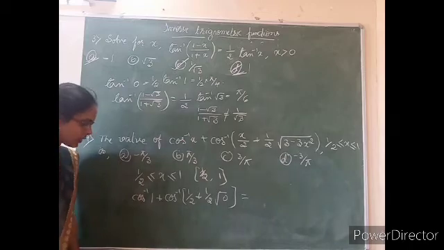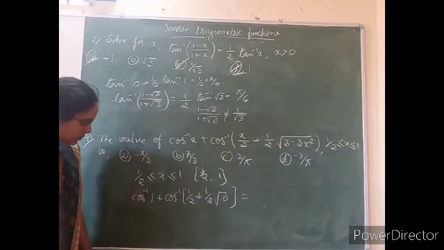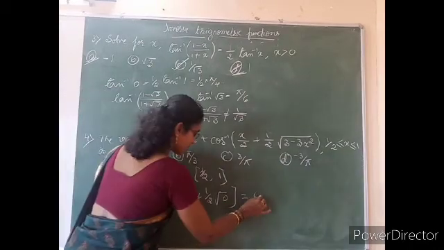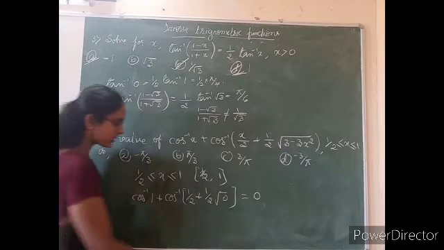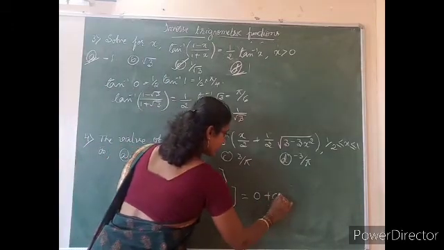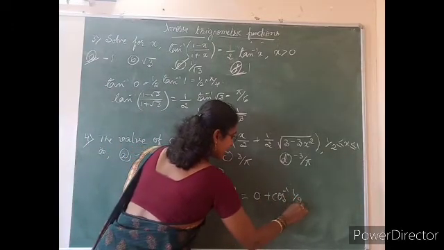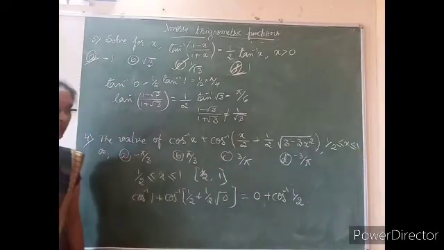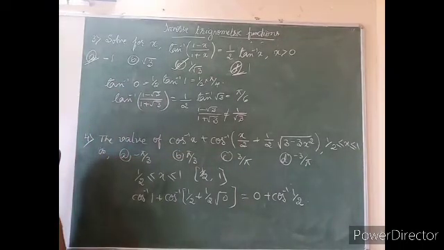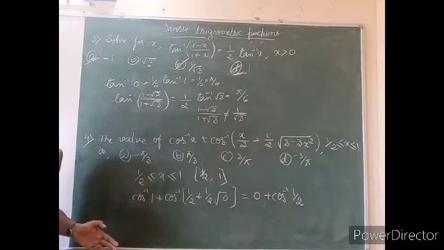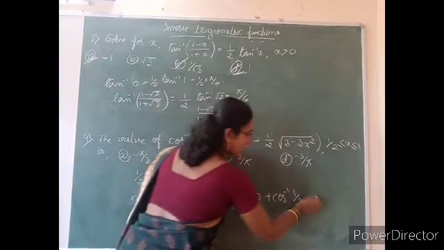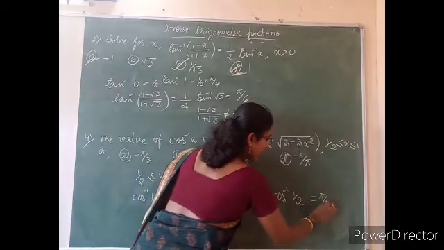So therefore, the first term is 0, then plus cos inverse of 1 by 2 remaining here. So the value of cos inverse of 1 by 2 is equal to pi by 3, because cos pi by 3 is equal to 1 by 2. Therefore, the value will be pi by 3.